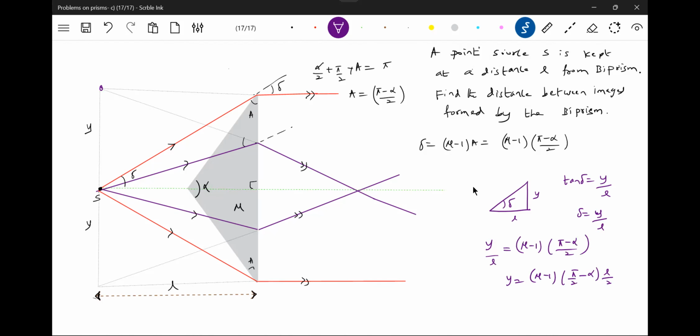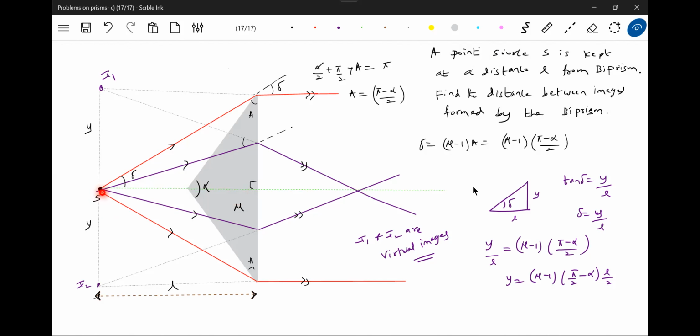These will be the images, I1 and I2. I1 and I2 are virtual images. For a biprism, two prisms are combined here.